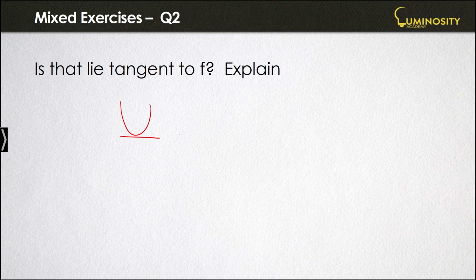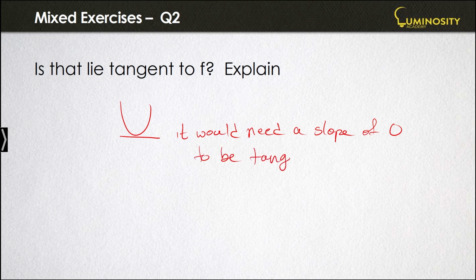So it would need a slope of 0 to be tangent. So this is no. Okay, and it doesn't have a slope of 0. But it has a slope of 1.